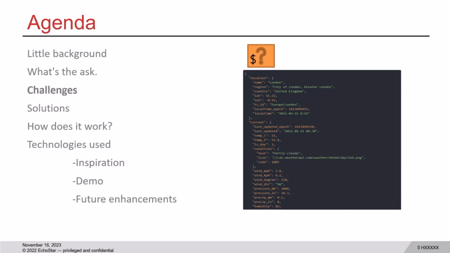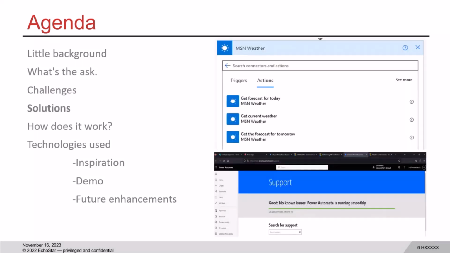That is the challenge that we also encountered. So when we were looking for solutions, we looked around at the tools that we have at our disposal and tried to see whether any of those tools could do this.